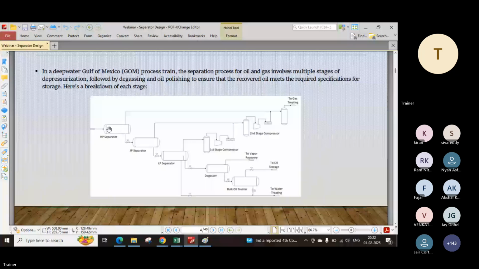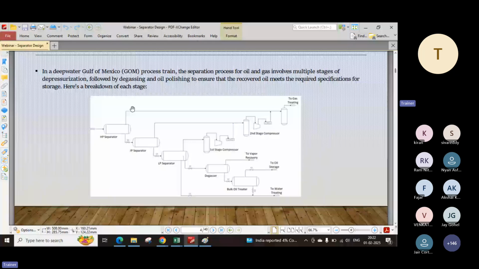The feed comes directly from the choke valves, and after the choke valves, through production headers, it flows to the HP separators. This is typically a horizontal one because it has three phases and high volumes. It may have a submerged weir, or there may be no weir, which we will see later. This is operating at high pressure, that is why it is called the HP separator.